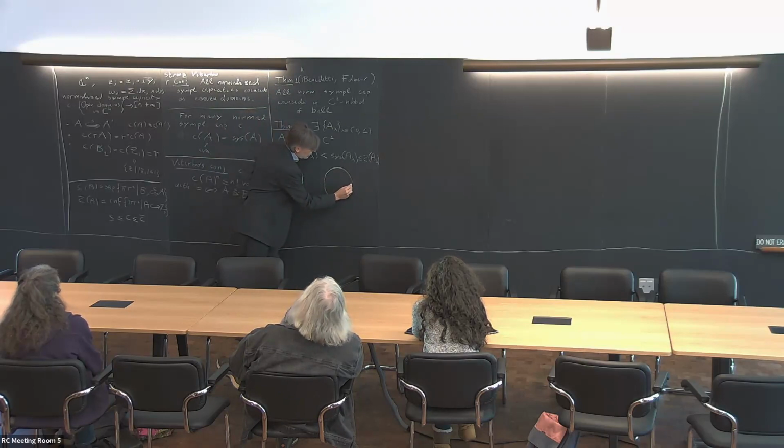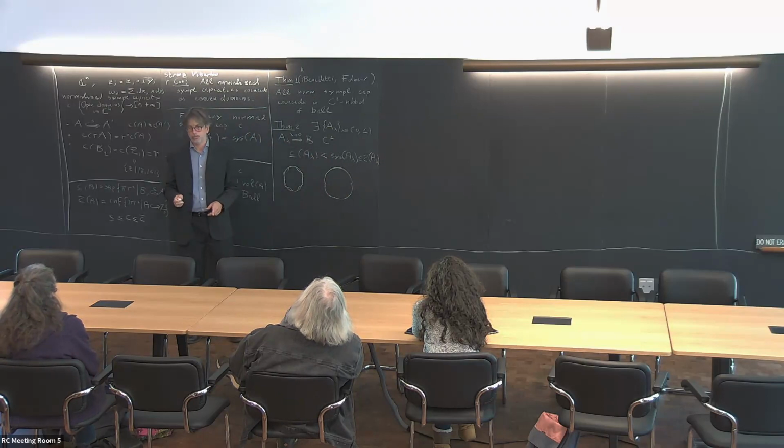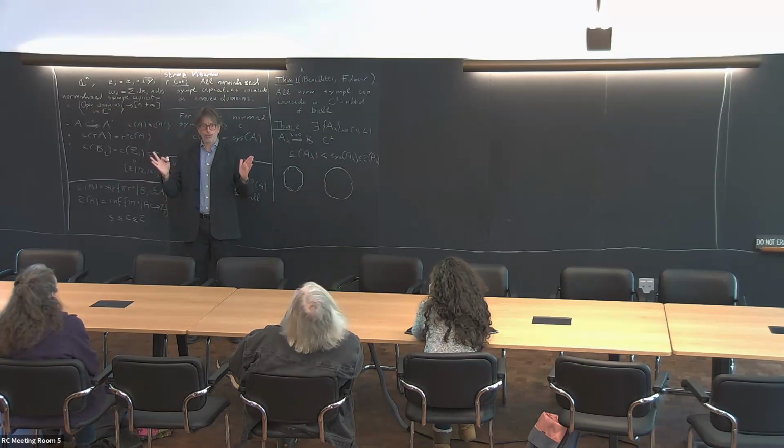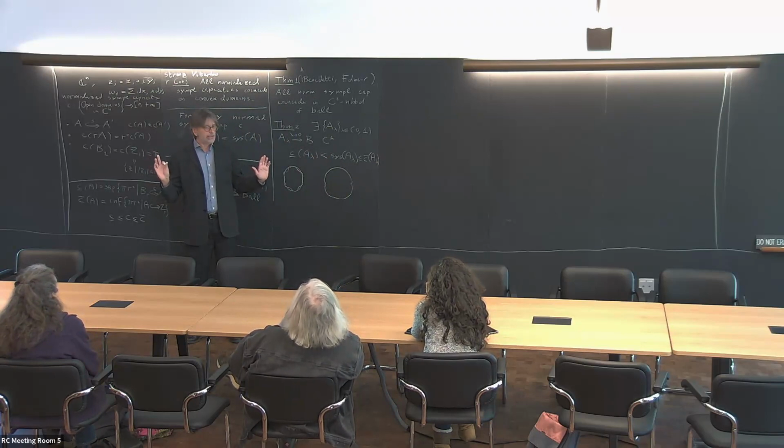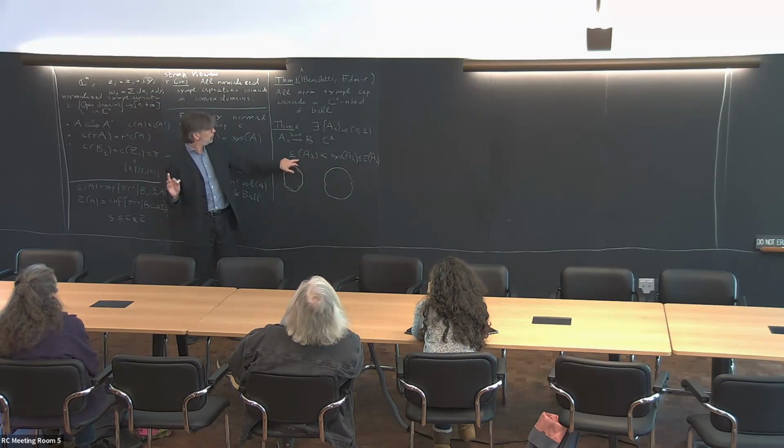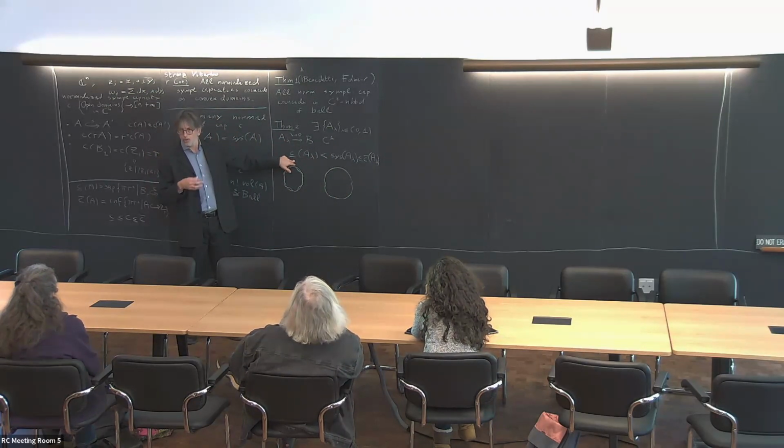But you want to reduce the volume in such a way as not to reduce the systole. If you can do this, you take your ball, you reduce the volume a bit, but you don't touch the systole, then of course, since you have reduced the volume, a fortiori the systolic ratio increases. This is what we do.